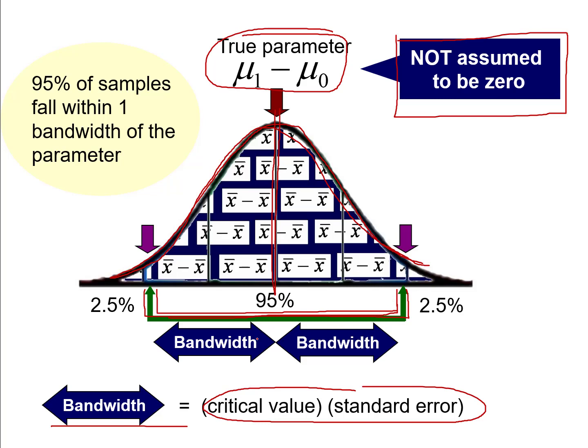That is, 95% of the time, samples will fall plus or minus 1 bandwidth above or below the true population parameter. 95% of the time, the statistics for my samples will fall in this green area.